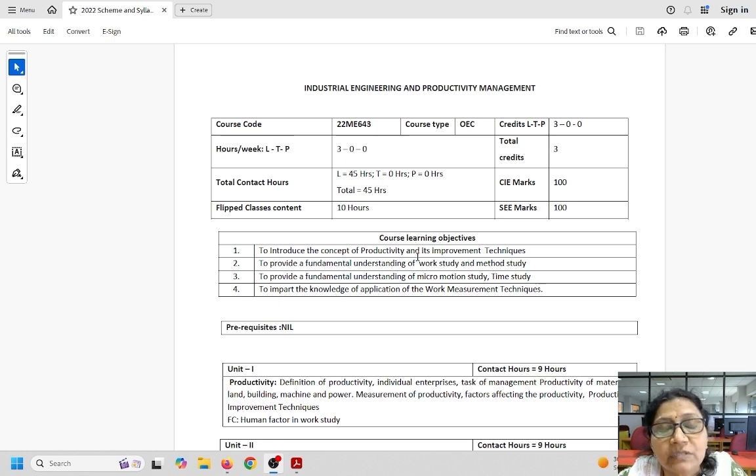Instead of focusing on the numerator, you will have to focus on the denominator, that is the resources. So what are the resources then? In the organization, we identify 4 important resources, not only in the organization, anywhere in the world. We are supposed to recognize 4 resources mainly: man, machine, money, and materials.